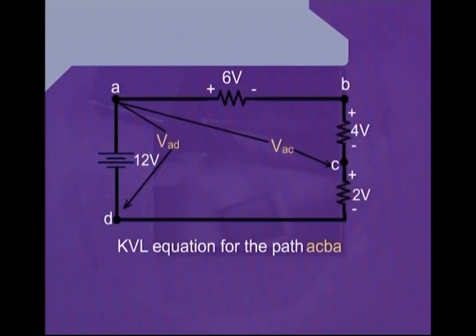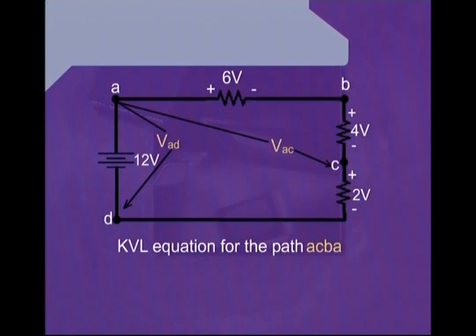Now, if we apply the KVL equation for the path A, C, B and A, obviously as we have been doing for the mesh analysis, we choose one point to start from and proceed towards the last point and come back to the initial point.